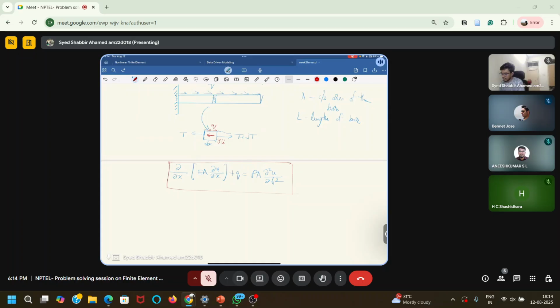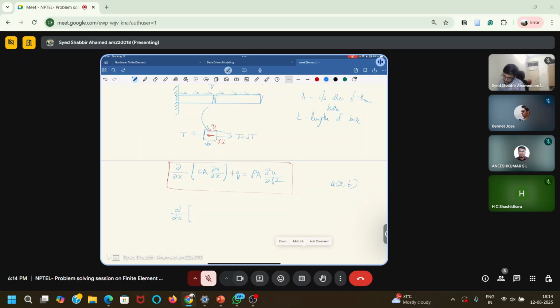All are synonymous things. Let's say the force is not time dependent, or the inertial effects can be ignored, so this term can be ignored. Then we will be left with d/dx, because earlier u was a function of both distance and also time.